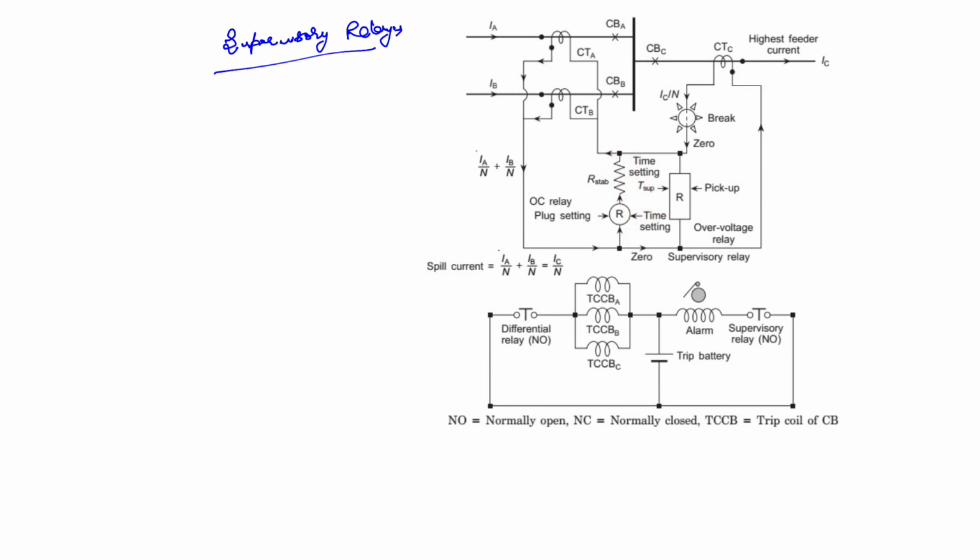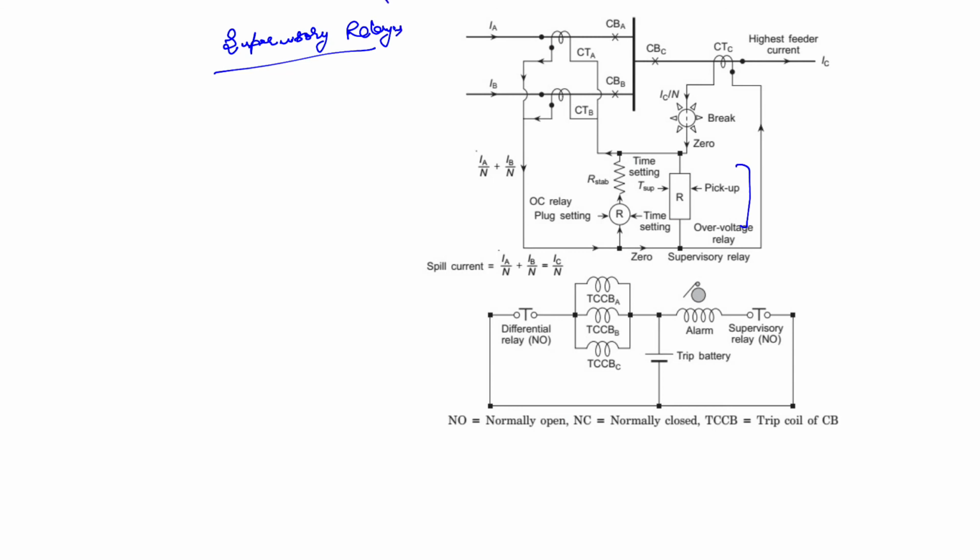The spill current of IC divided by N will develop a voltage across the series combination of the stabilizing resistance and the overcurrent relay, which can be sensed by the sensitive overvoltage relay, known as the supervisory relay.